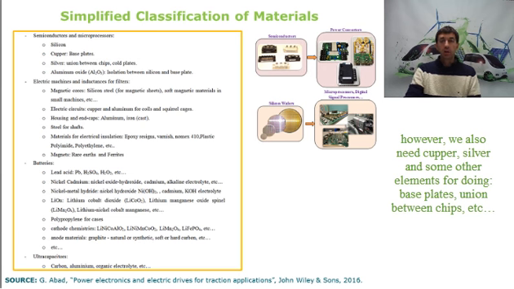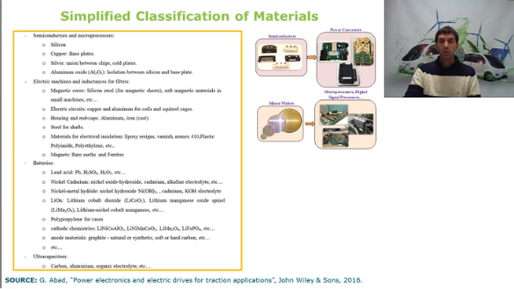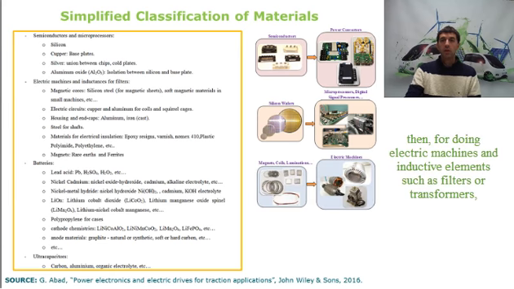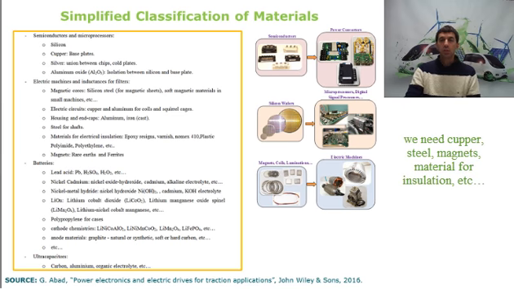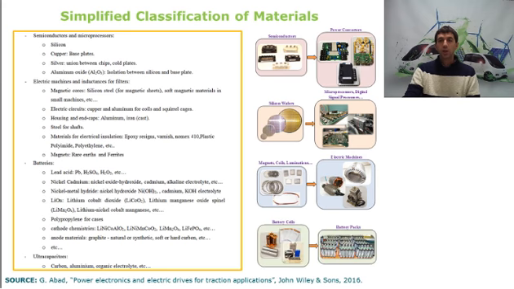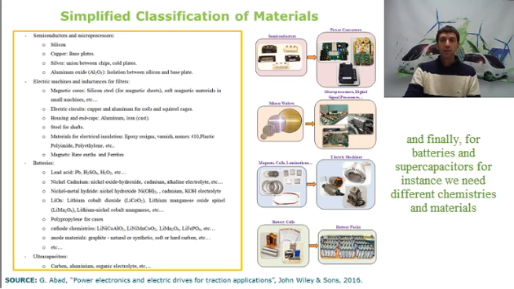However, we also need copper, silver, and some other elements for making base plates, unions between chips, etc. Then, for making electric machines and inductive elements such as filters or transformers, we need copper, steel, magnets, materials for insulation, etc. And finally, for batteries and supercapacitors, for instance, we need different chemistries and materials.